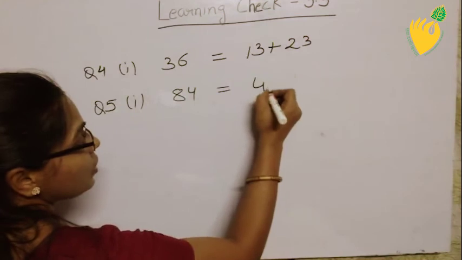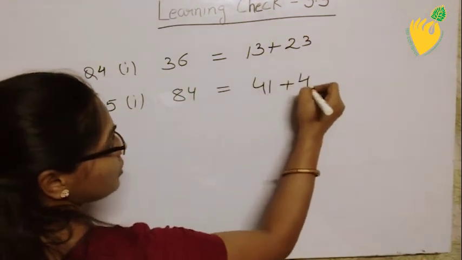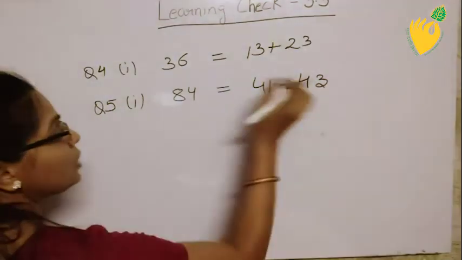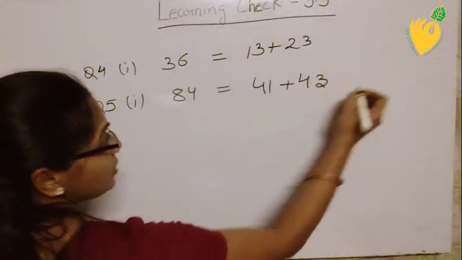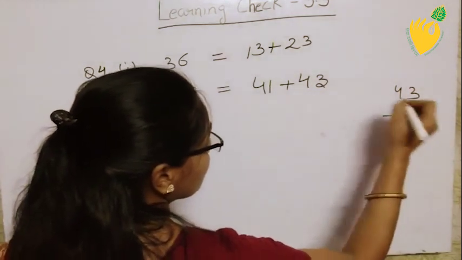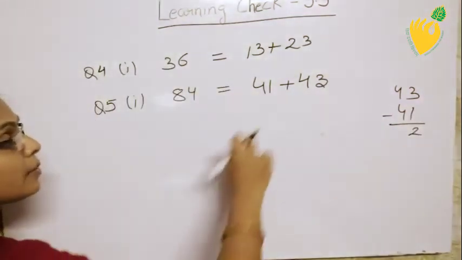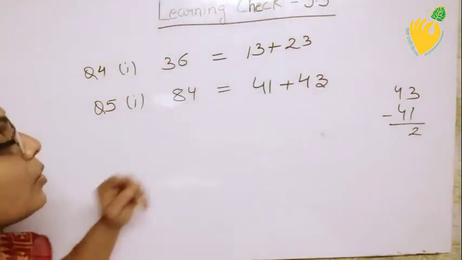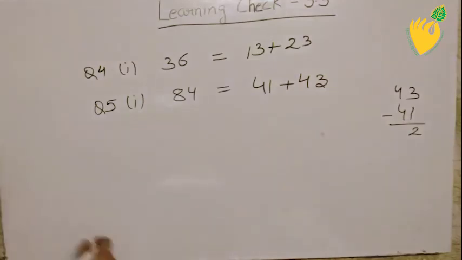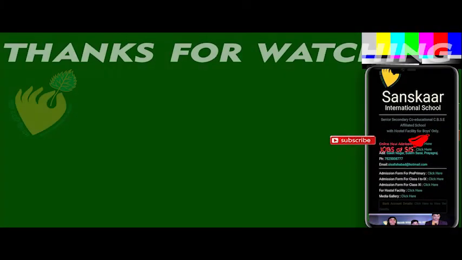So students, you can write 41 plus 43. The sum is 84 and both are twin prime pairs. See students, the difference between 43 and 41 is 2, and 41 is a prime number and 43 is a prime number because both the numbers don't have factors more than 2.